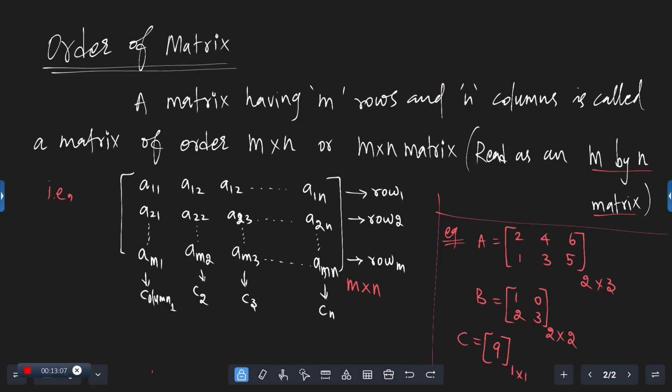Even one element we can make as a matrix. 1 by 1, 2 by 2, 2 by 3, 3 by 3, 1 by 4, whatever the order we can make. Or one more, example D.